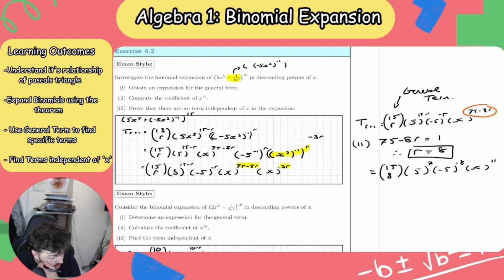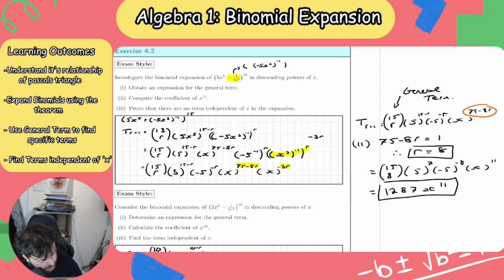And you put all of that in your calculator, you're going to get 1287 x to the power of 11. Right, so you get that there as your final answer.